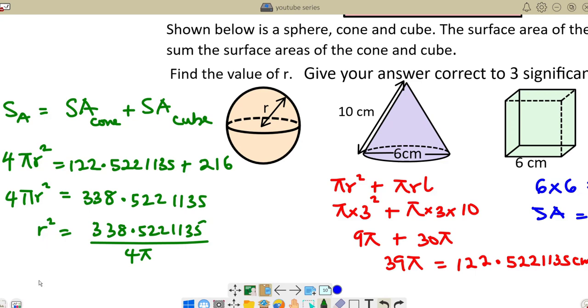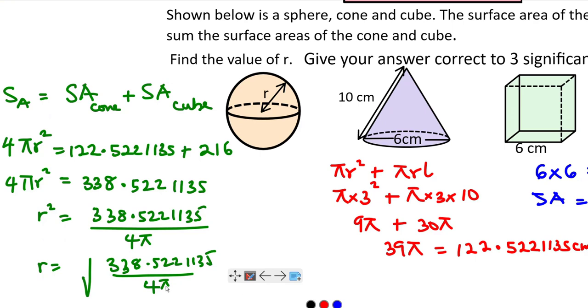And then to get the radius, you have to take the square root of everything in one swoop, so you put your square root sign there. If you work that out, you're going to get 5.19, which is correct to 3 significant figures. And because this is a radius, it's going to be in centimeters.